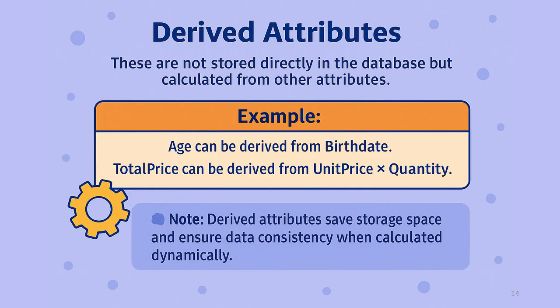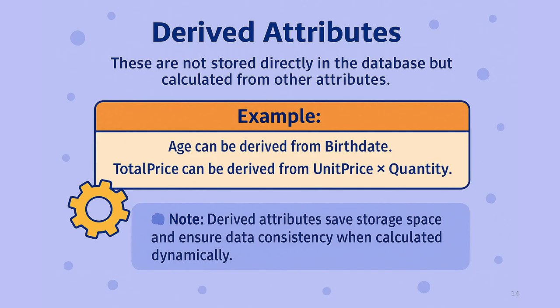It's sufficient to add the birth date, and it's better because the birth date is fixed, but the age is changeable. So if you add the age for one student, for example, 18, next year it will not stay 18, it will be 19.